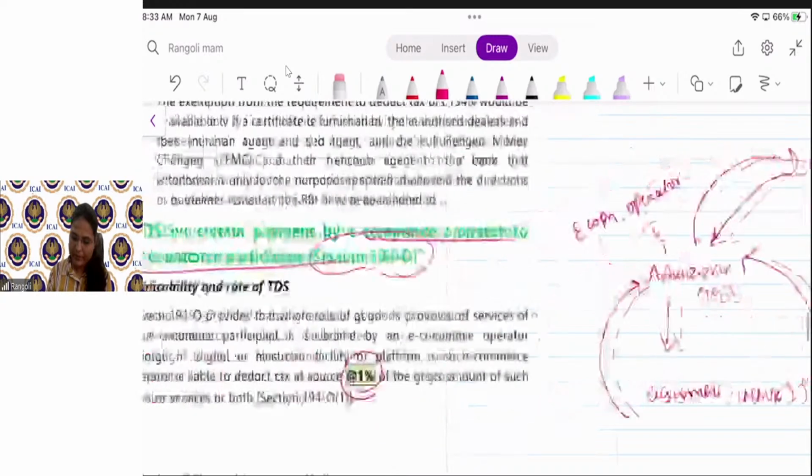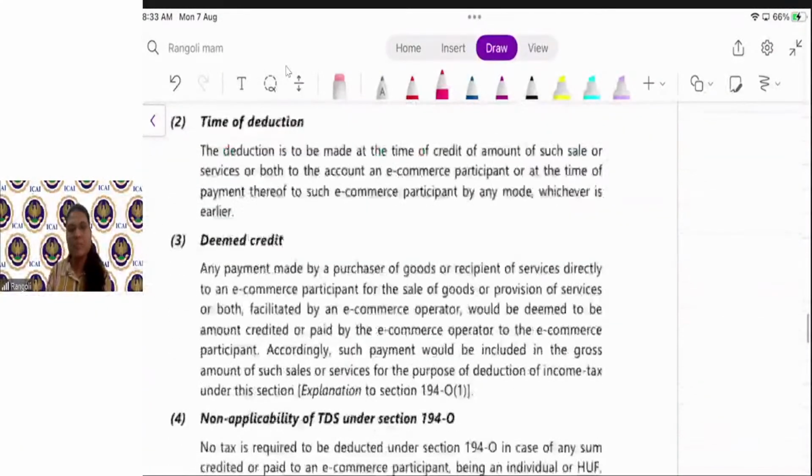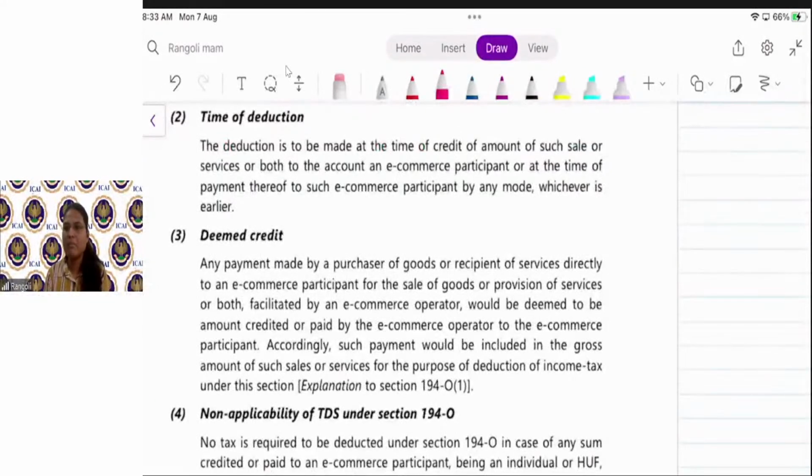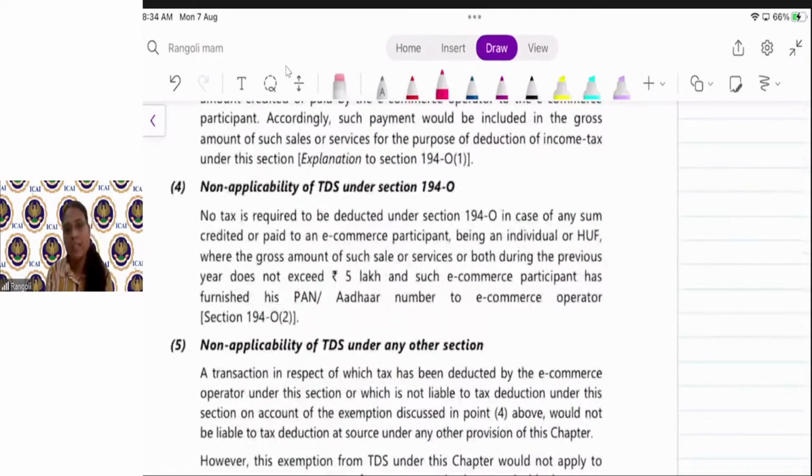The time of deduction is payment or credit, whichever is earlier. The deemed credit means if someone is directly making payment to Titan, then also Amazon needs to deduct TDS on that payment. This provision is not applicable if your total sale through Amazon is less than 5 lakh rupees. Then the TDS is not required to be deducted under 194O.